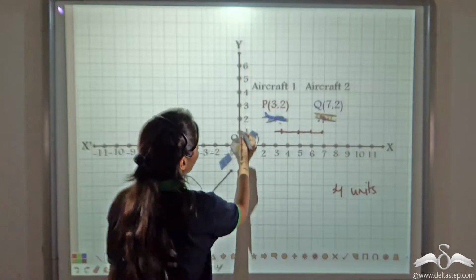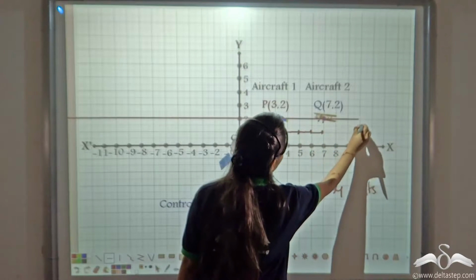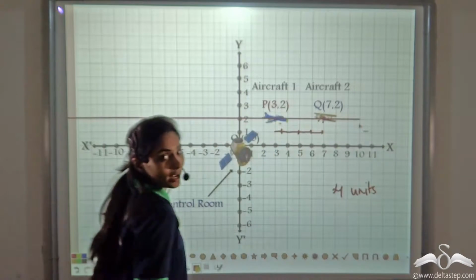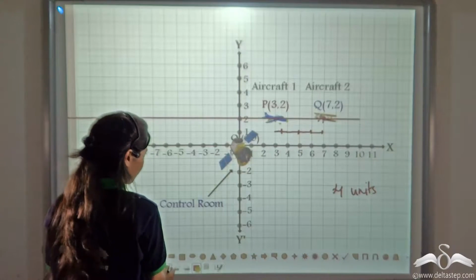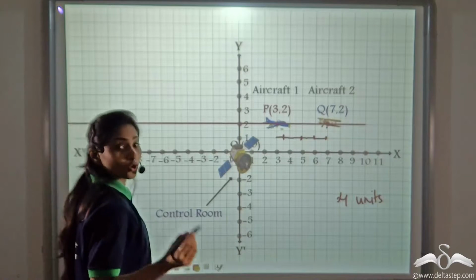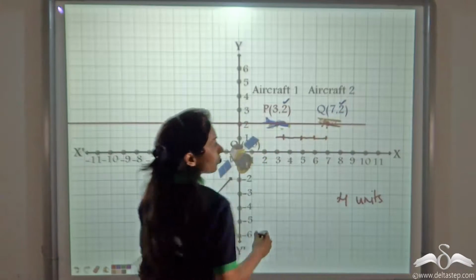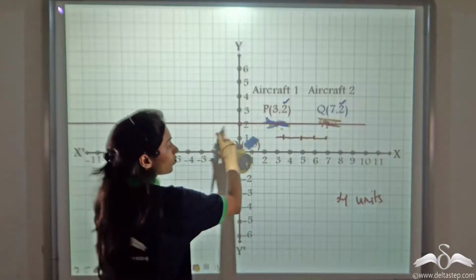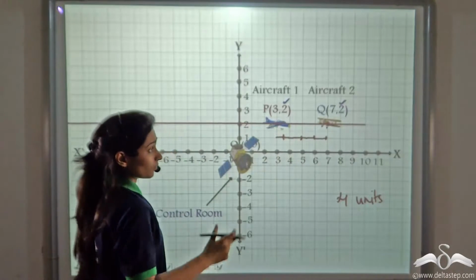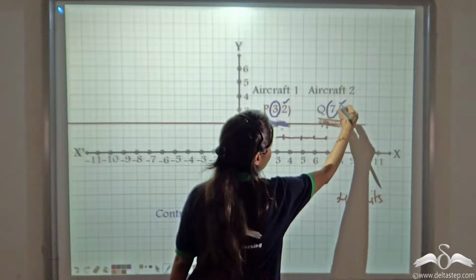If you notice, you can see that both these aircrafts are in the same horizontal line parallel to x-axis. So you can see that both the y coordinates of these two aircrafts are same because they lie on the same line. Now only the difference is between the x coordinates.